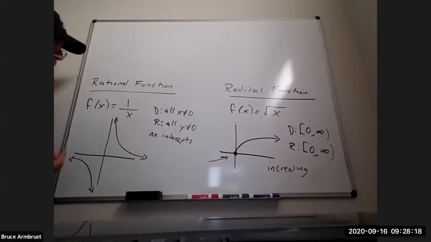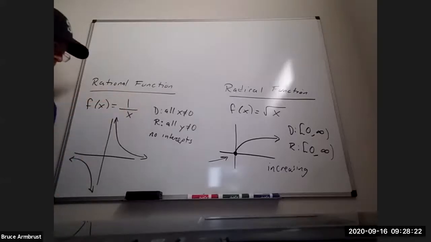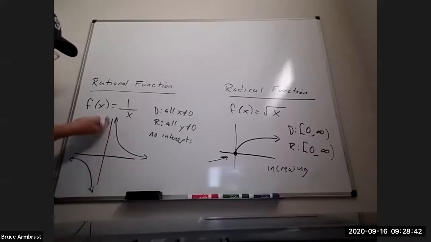Now, every other rational function, rational again just means it's a fraction of polynomials, has some sort of variation of this. As soon as you start messing around with it, you might get intercepts, you might change the domain and range a little bit. But there are some features of this graph that are always present in every rational function. The first is vertical asymptotes.